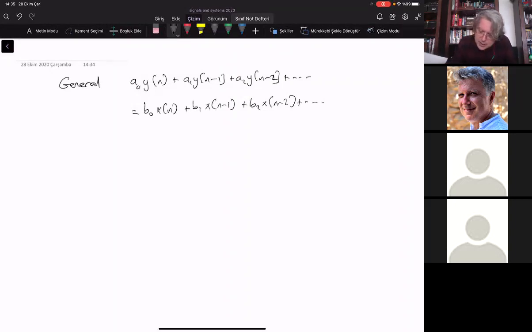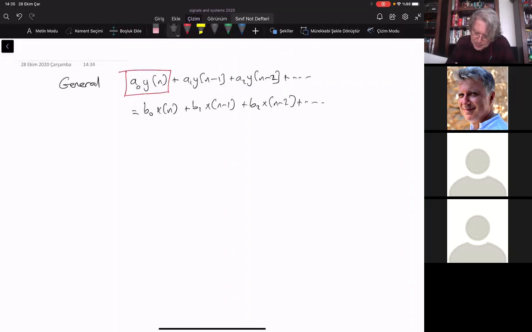Now, when I isolate this portion at the left-hand side of the equation and put all the other terms, A1 y[n-1], A2 y[n-2], etc., to the right-hand side, it will look like this.